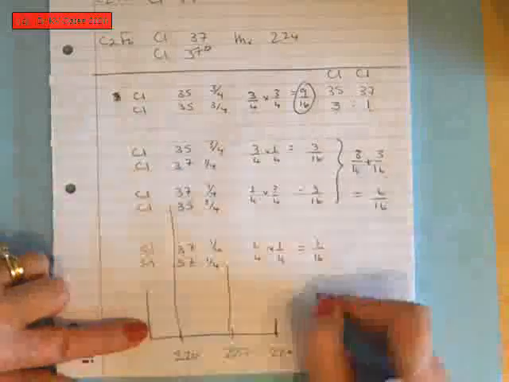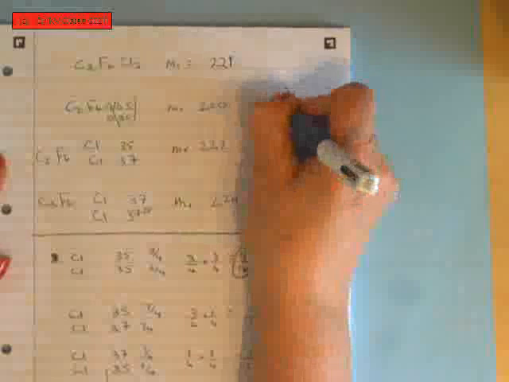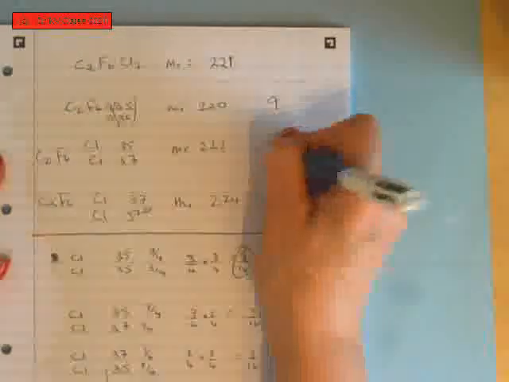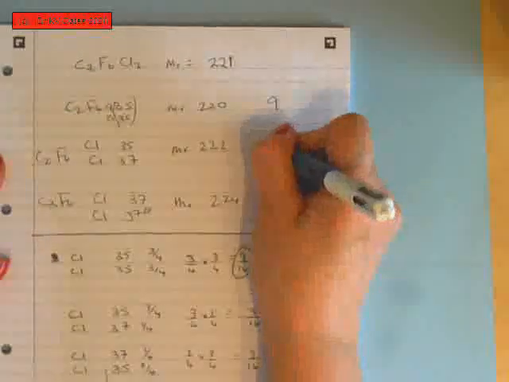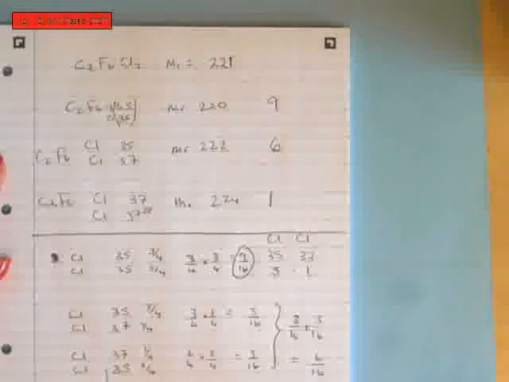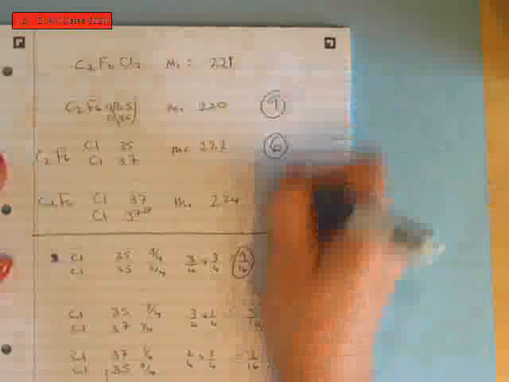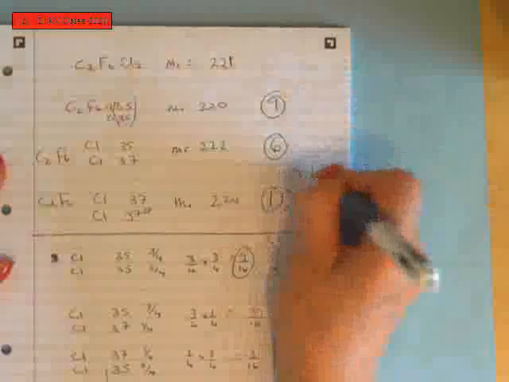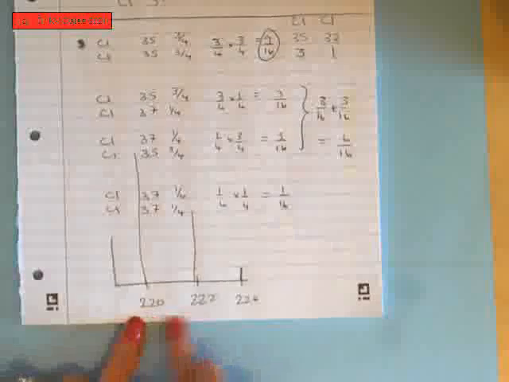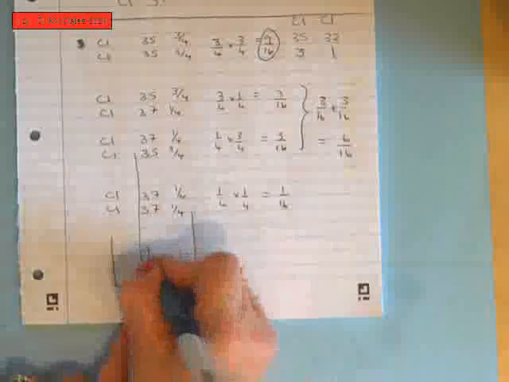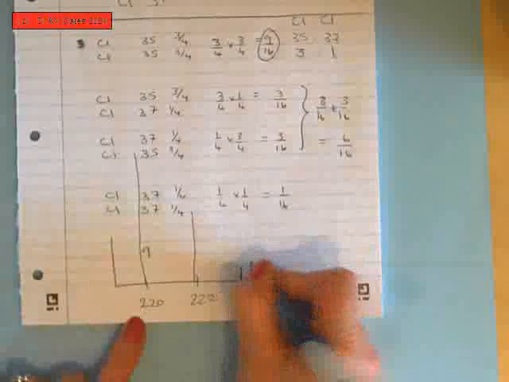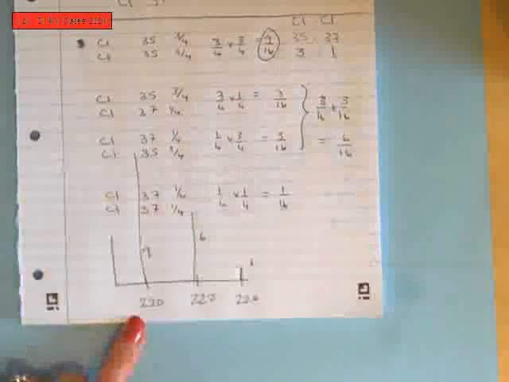So the heights will be in a ratio of 9 to 6 to 1. When you look at the mass spec, this will be 9 times the height of that one, and that will be 6 times the height of that one.